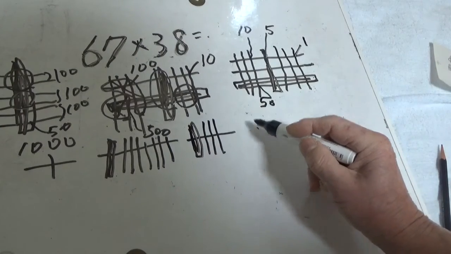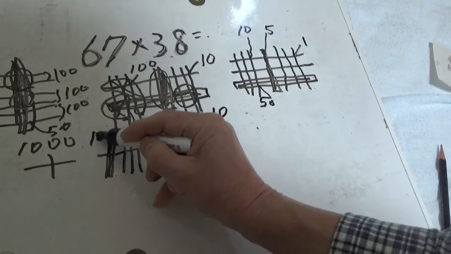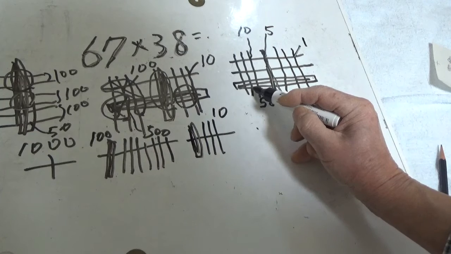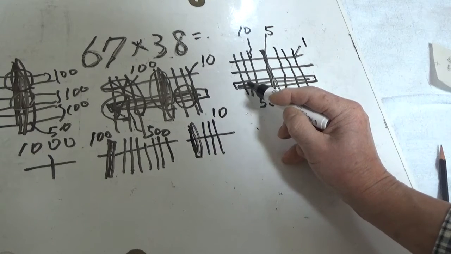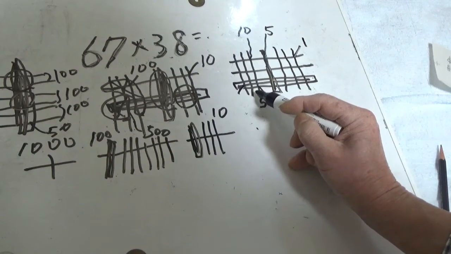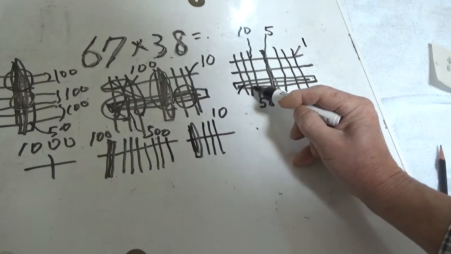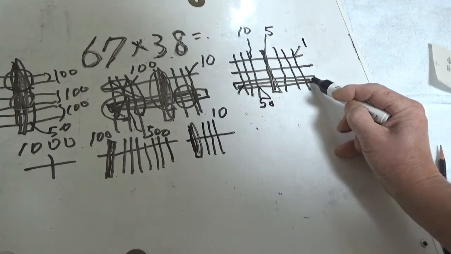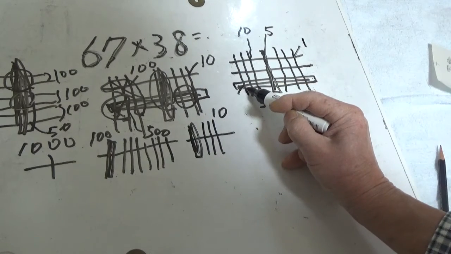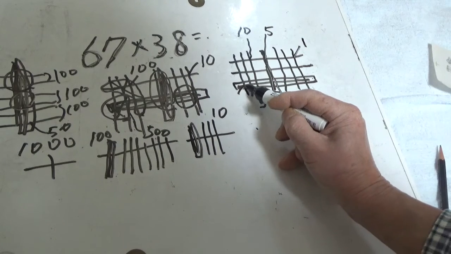And let's count 100. Let's count this one. This is 5 points, 5 points, and 50 points, 50 points. This is 5 lines, and this is 10 lines, so it is 50.